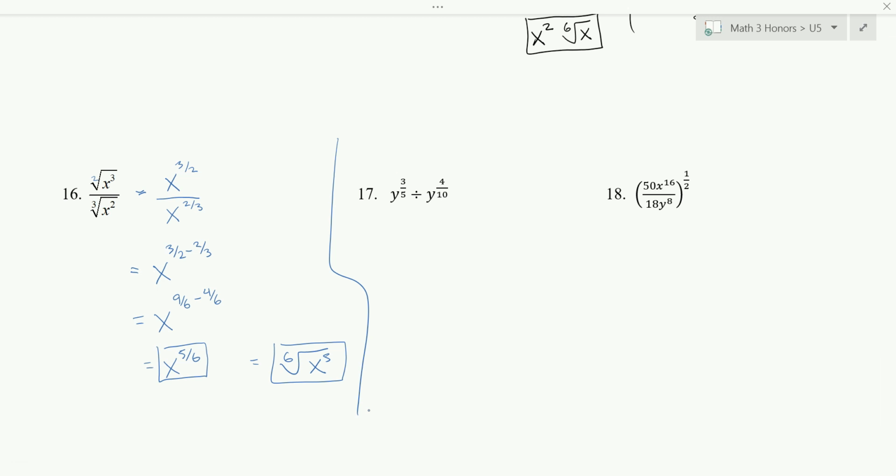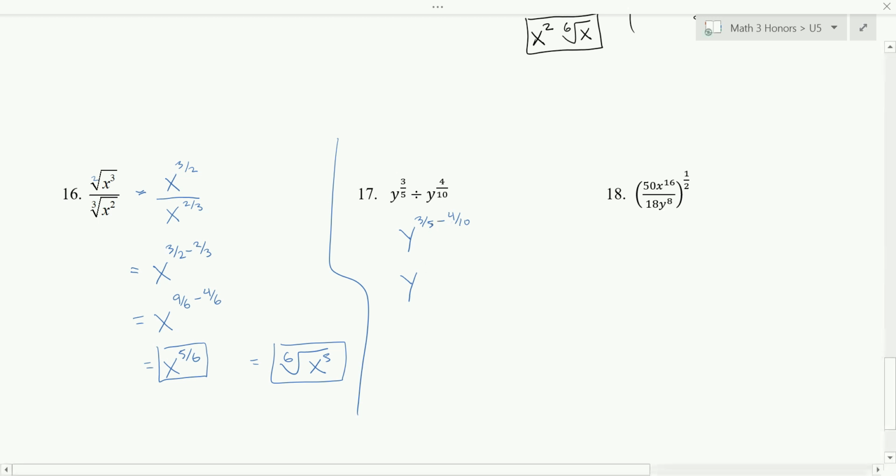Next one's going to be very similar. It's a division problem. It's already in fractional exponent form, so we can just subtract our exponents. So 3/5 minus 4/10. What would be your next step? Y to the what?